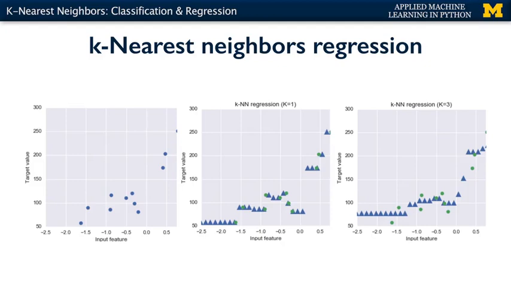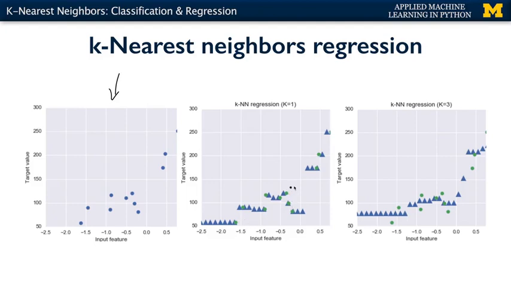So here are 3 plots that show the same simple regression problem with one input feature and the corresponding target values in the training data. The leftmost plot here shows just the original training data points. And the middle and right plots show the predictions made by a KNN regression algorithm when k equals 1 and k equals 3. In these plots, the training points are in green.